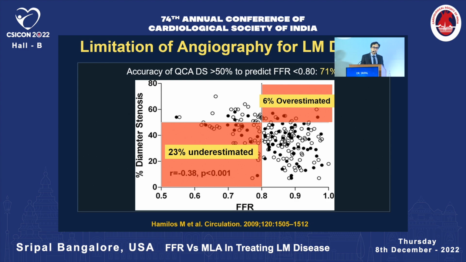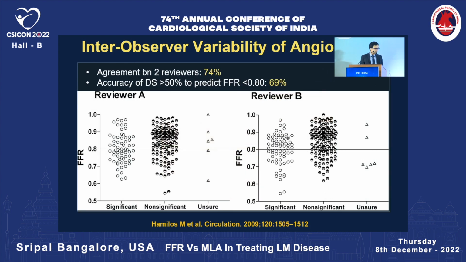More importantly, if you only use that 50% or greater threshold, you're going to miss 23% of patients who can have a positive FFR, less than 0.8. And as such, the accuracy of QCA determined diameter stenosis greater than 50% to predict physiologically significant stenosis is only around 71%.